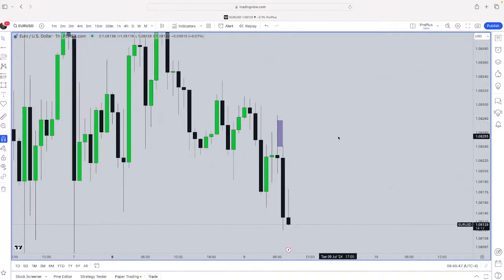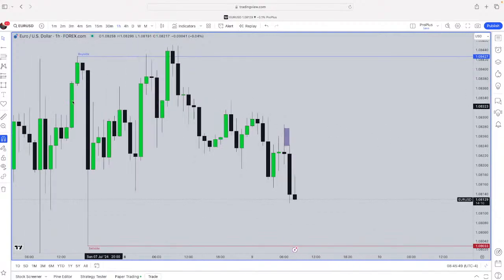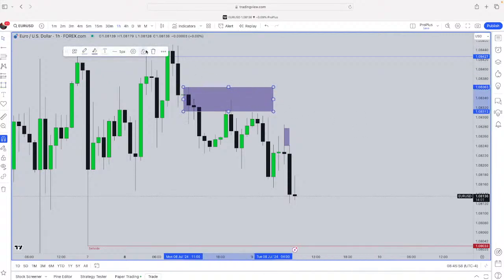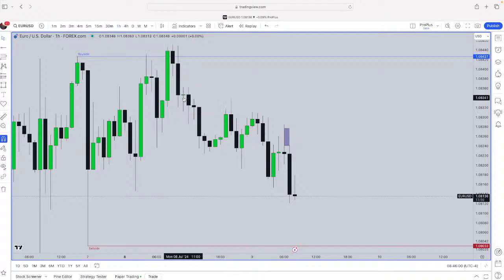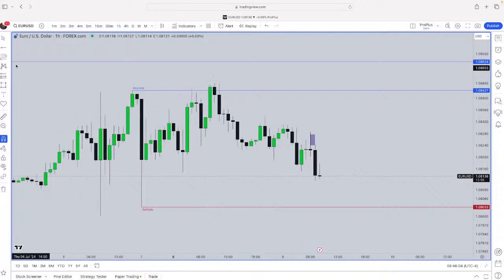Take a look at the hour. Nothing too much in the hourly. You can say this here is a bearish order block, so this up close candle, or these two up close candles here is a bearish hourly order block.